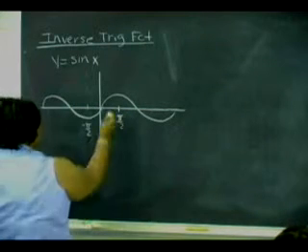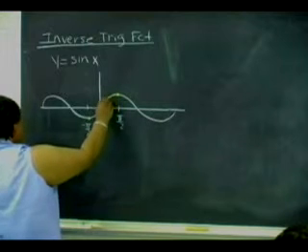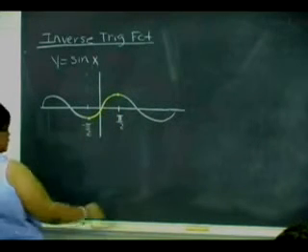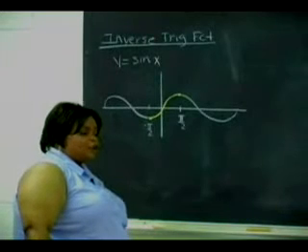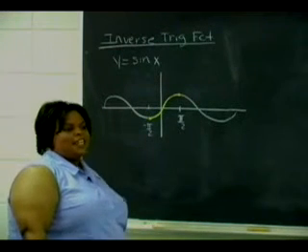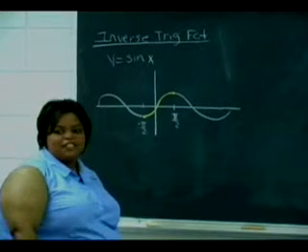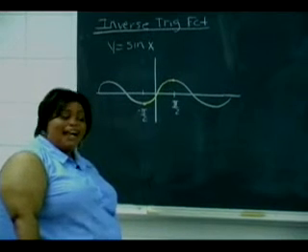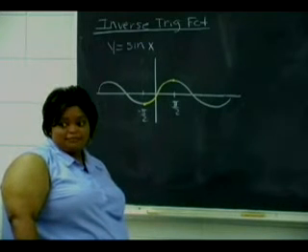If we restrict the domain to the yellow portion, does the horizontal line test pass then? It does. So, that leads us to believe that some of these trigonometric functions will have inverses, but on a restricted domain.